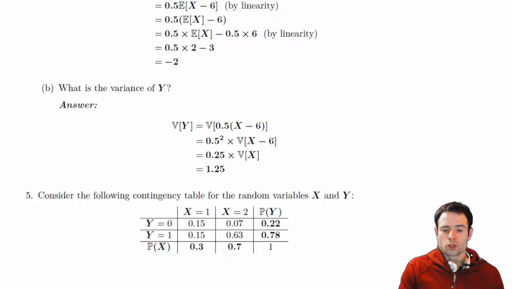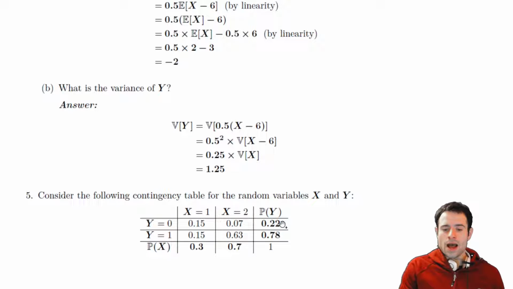The marginal distribution of y can be obtained the same way. For y is equal to 0, I'm going to add all the probabilities that contain y is equal to 0. 15% plus 7% gives you 22%. 15% here plus 63% gives you 78% here.